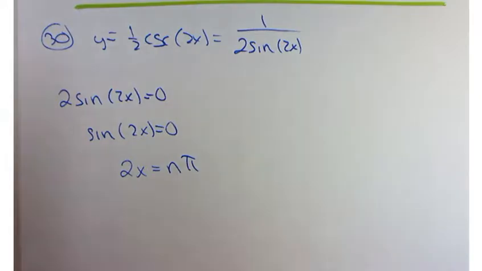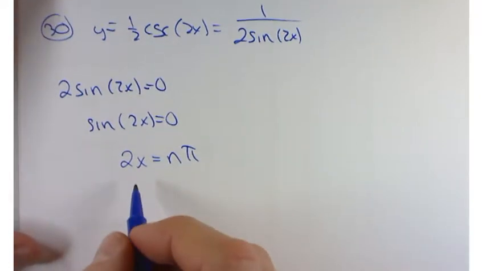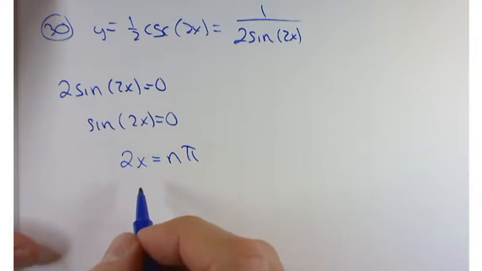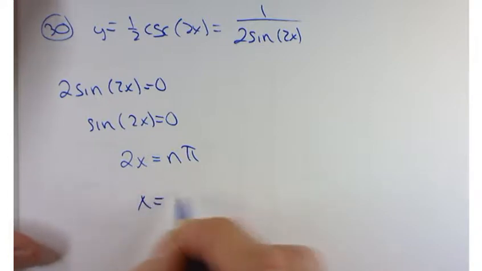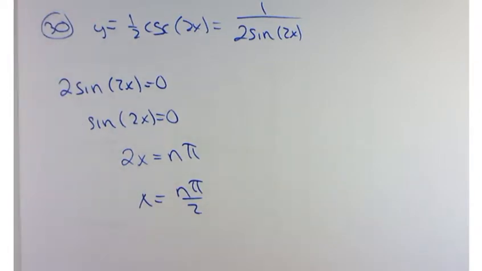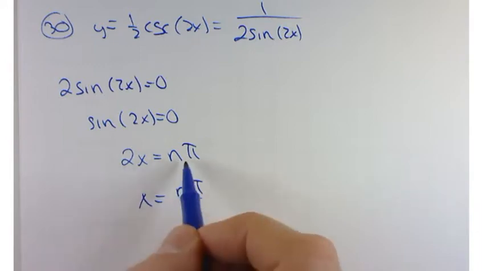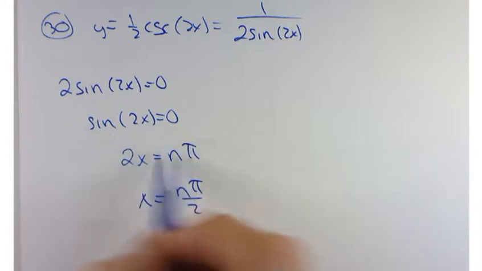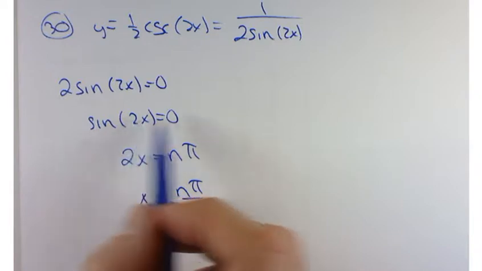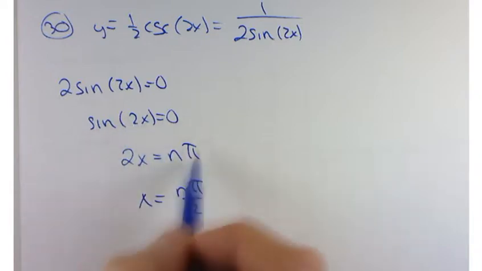And now we'll solve for x. How do I solve for x here? Yeah, divide by 2. So x is n times pi divided by 2. That's where you should have your asymptotes, where 2x equals n pi, because the sine at multiples of pi is going to be 0.